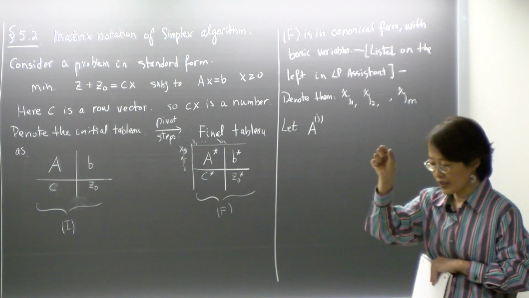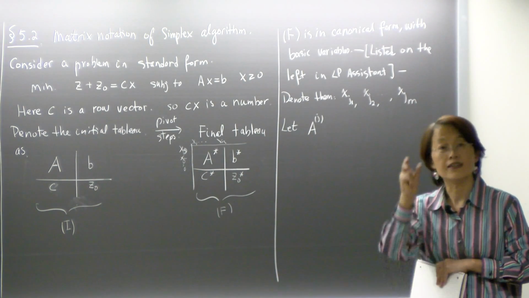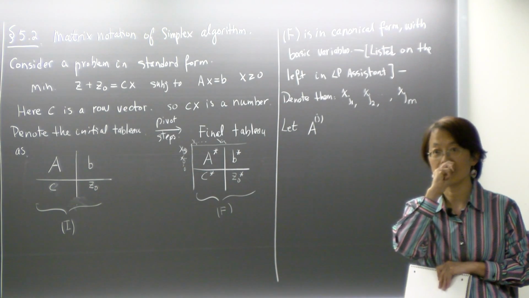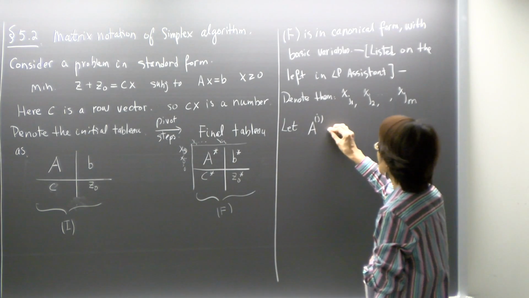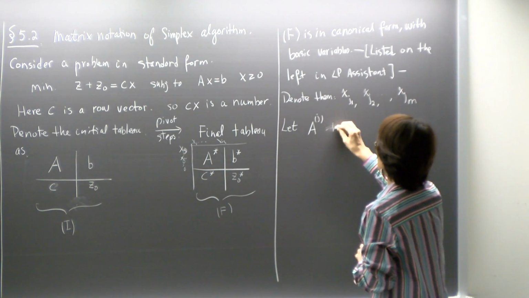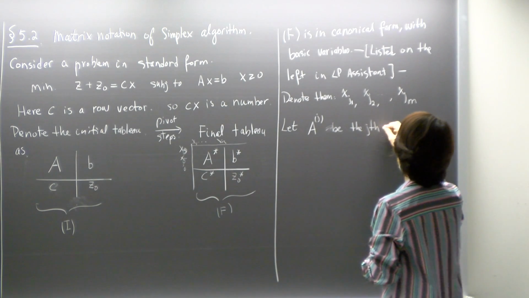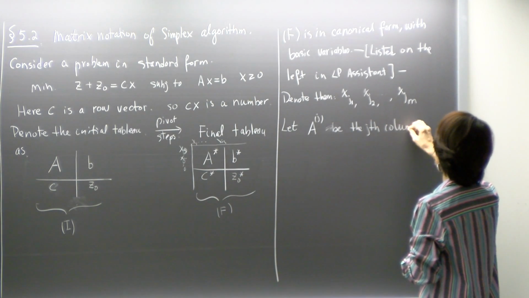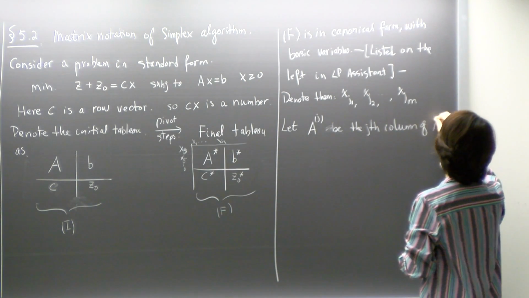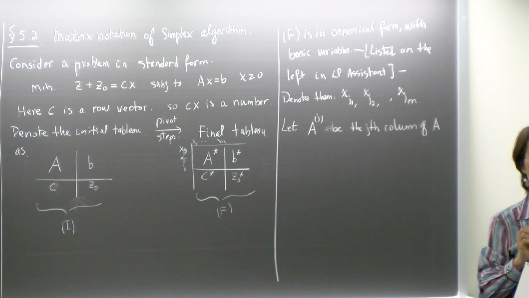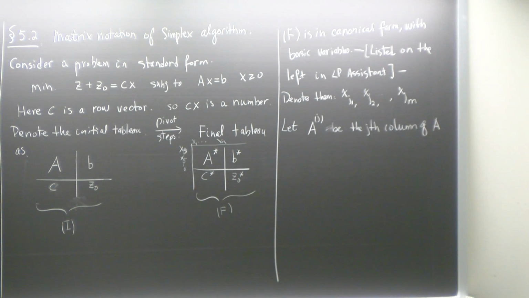I take a column vector, the Jth column of the A matrix. Is that clear? Is that okay?